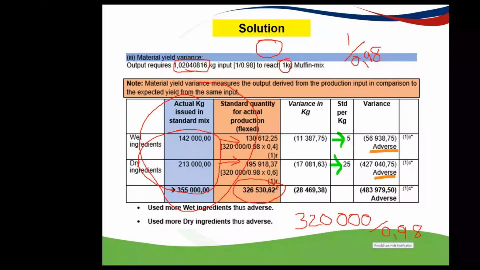If I just lost the 2% that I was supposed to, I could have just used 326,000 of my combined ingredients. But in actual fact, I used 355. And that is much more. I actually issued more ingredients than I needed if my calculation was correct based on my 2% normal loss. So now I definitely have a problem because I am wasting it somehow.